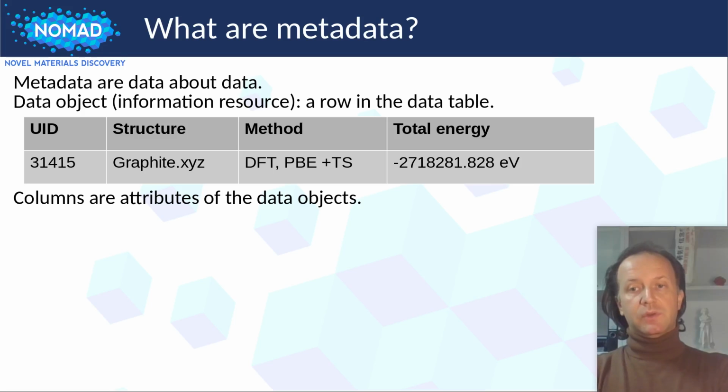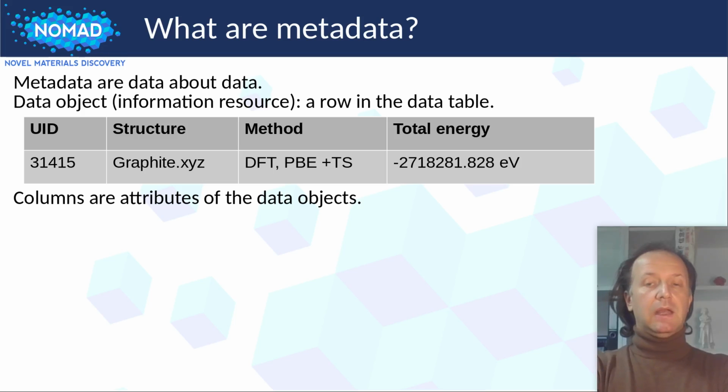And here I produce an example that is a kind of sketchy way to represent some ab initio computation. You have some identifier of your row in the table, and then you have performed a calculation on some structure that is stored in some file called graphite.xyz.